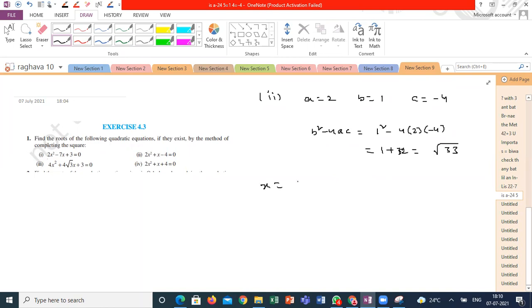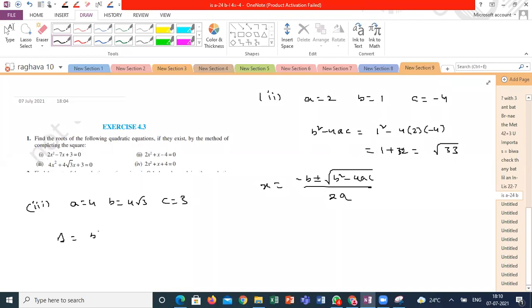What is the answer for the second question? Minus b plus or minus square root of b square minus 4ac by 2a. Please solve and let me know what is the answer for this. Question number 3: a is equal to 4, b is equal to 4 root 3, c is equal to 3.